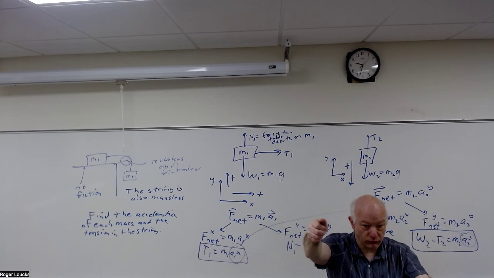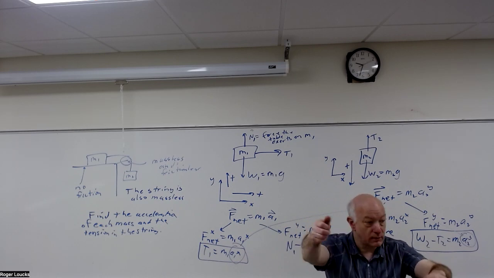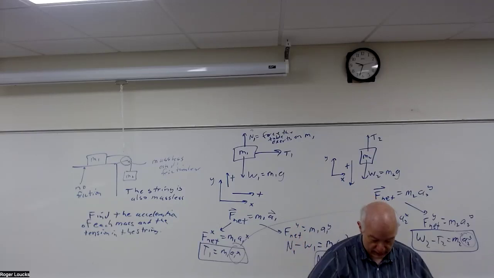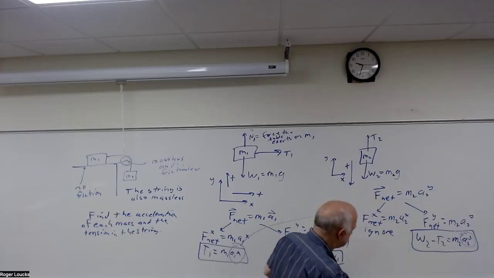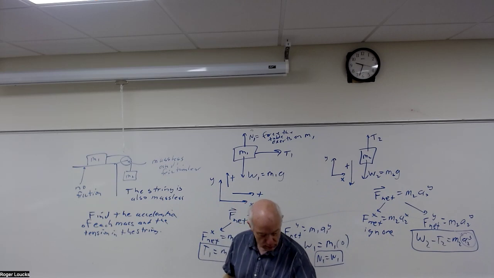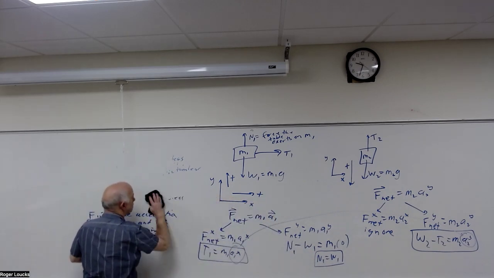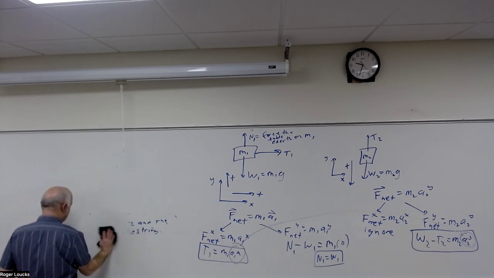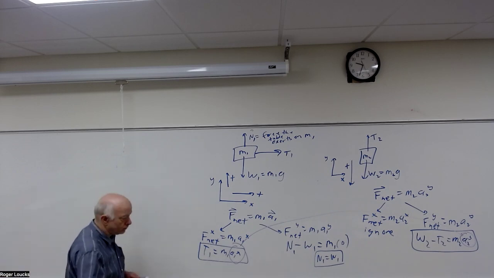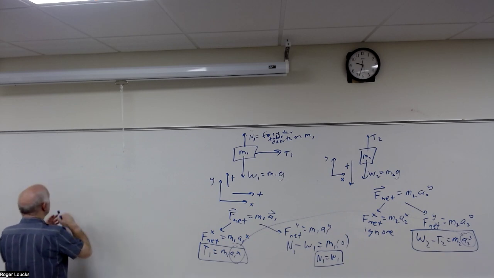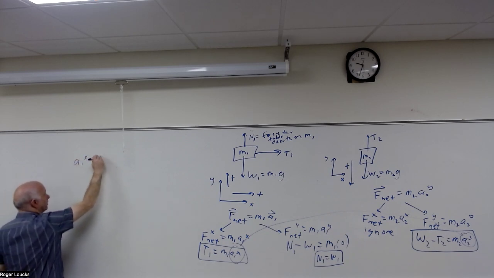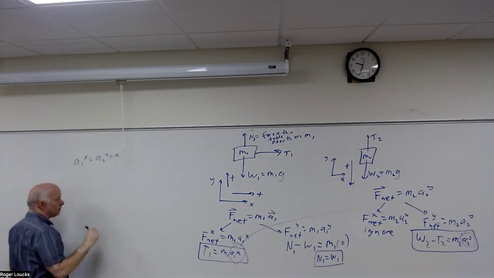And if this falls in a certain time, this moves in the same time. So they're moving the same distance, same time, they have the same acceleration, so we just call it A. So we did on Friday: we said A1X equals A2Y equals A.